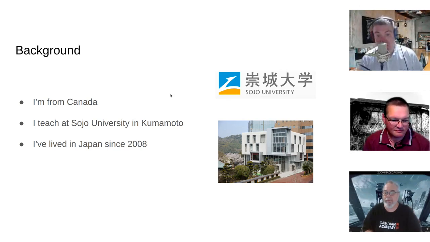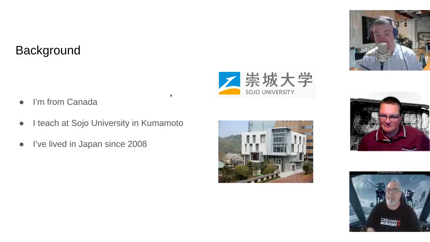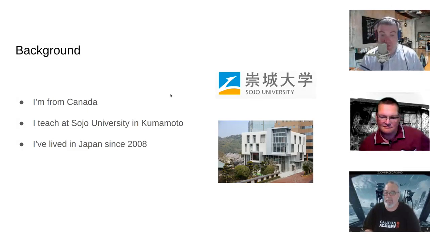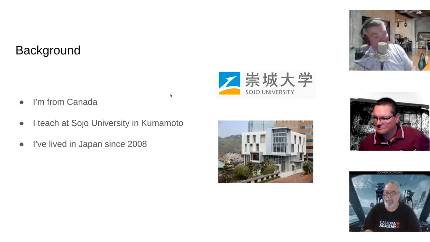I spent a lot of time tinkering around with computers and sensors and Arduinos and AI in a lab. So I teach English, and I'm responsible at Sojo University for the AI lab. I've been in Japan since 2008. I'm a little bit of a newcomer to Moodle.